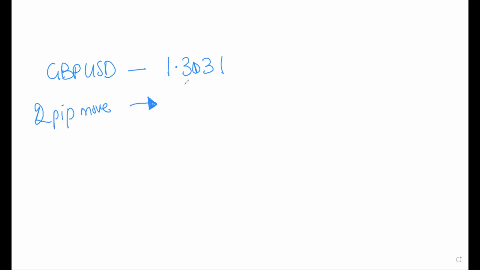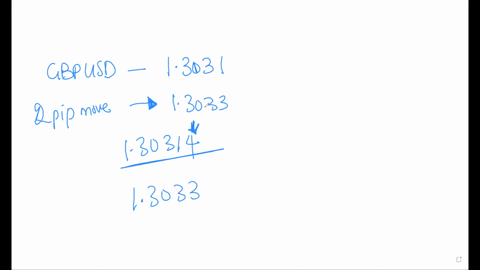All right. So the new value will be 1.3033. Majority got it. So even if you see it as 1.30314, for instance, I've told you that you should ignore the fifth value. So even if you see it as this one, your new value will still be 1.3033. You just bring back the 4.